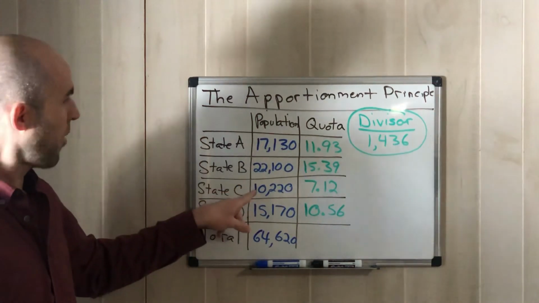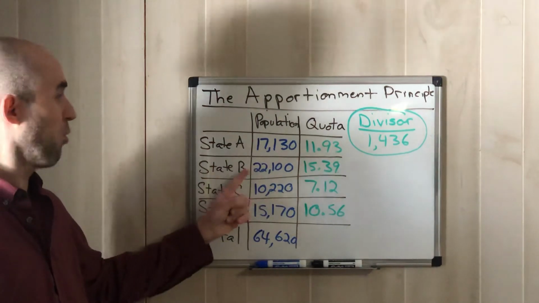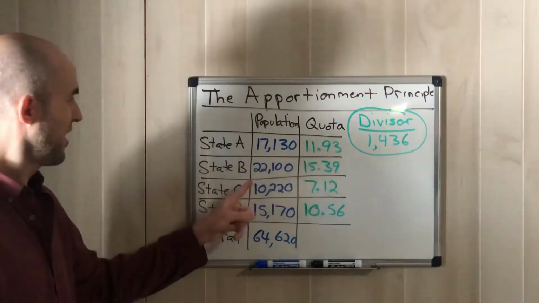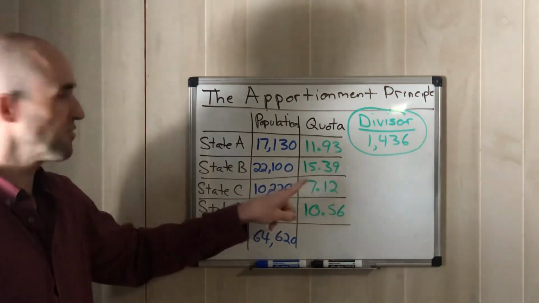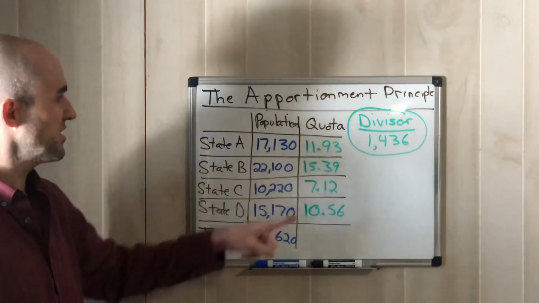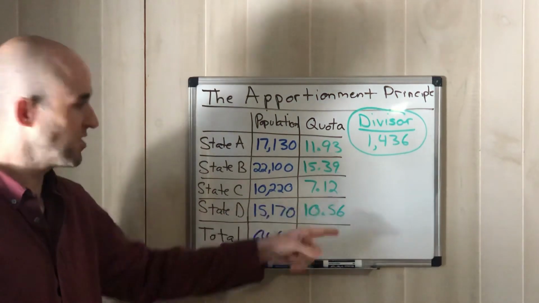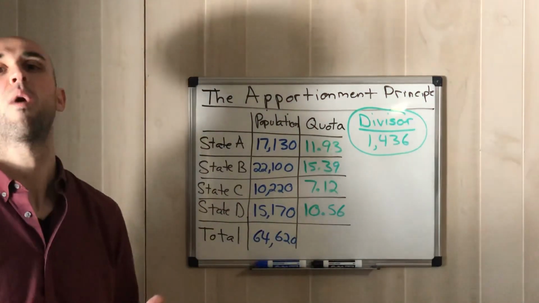We said that the smallest population would have the smallest number, which it does, because more people deserve more representatives. Fewer people deserve fewer representatives. The next biggest deserves the second most representatives. The second smallest deserves the second smallest representatives. That's what it is, right?